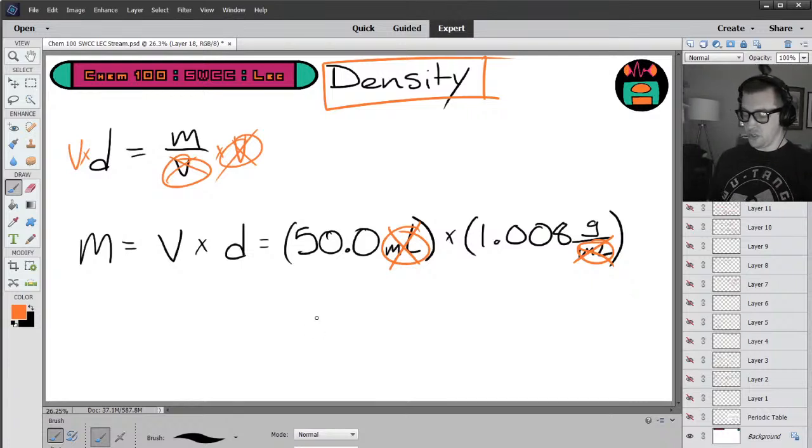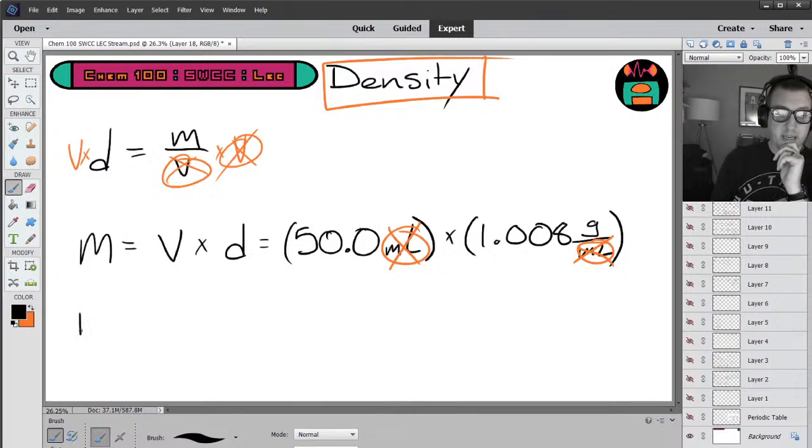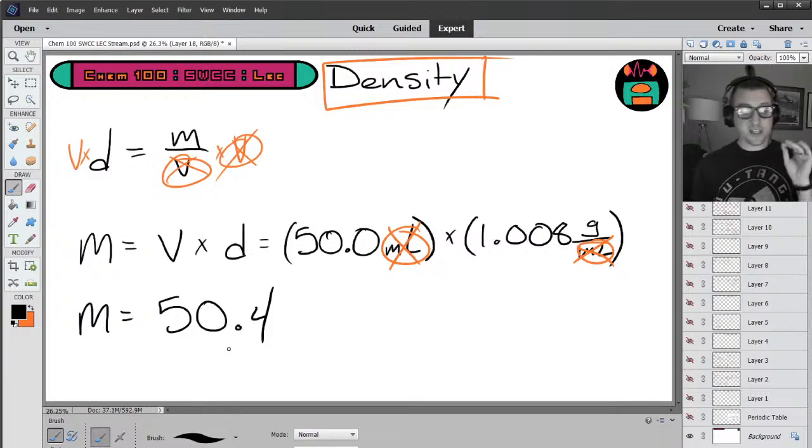All right, now we're ready to crunch our numbers. 50 times 1.008. The value that my calculator is giving me is 50.4. That is the correct value. We need to ask, does it have the correct number of sig figs?